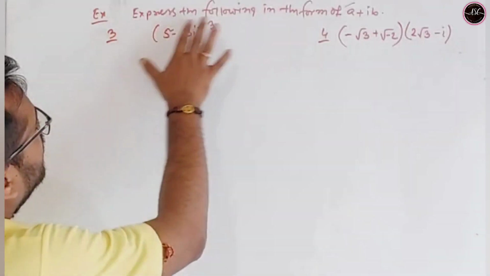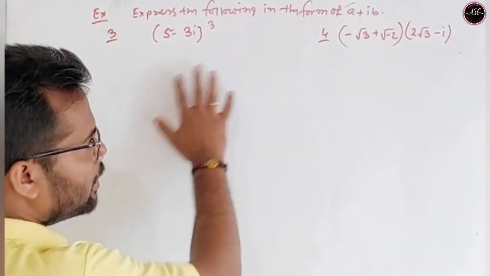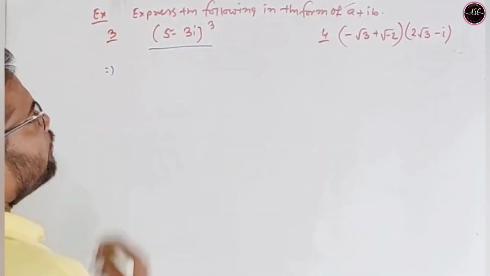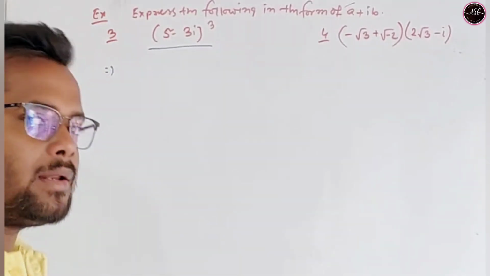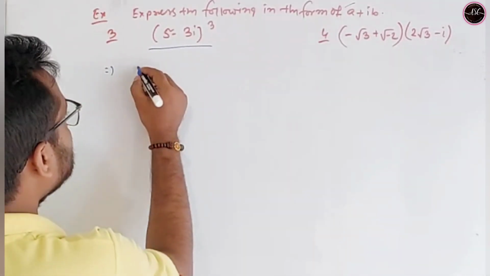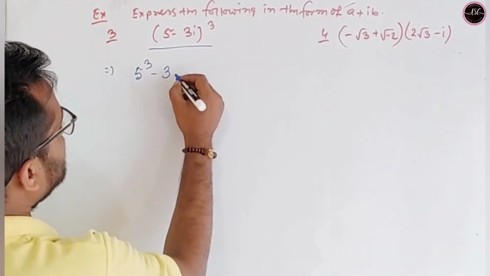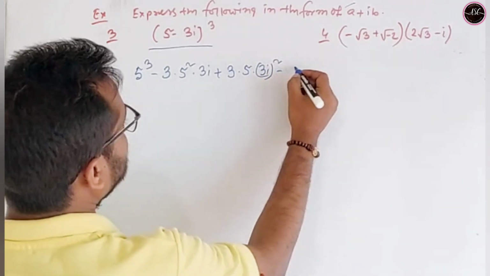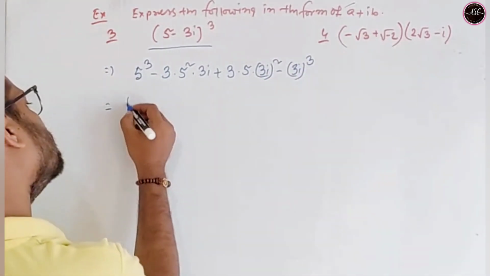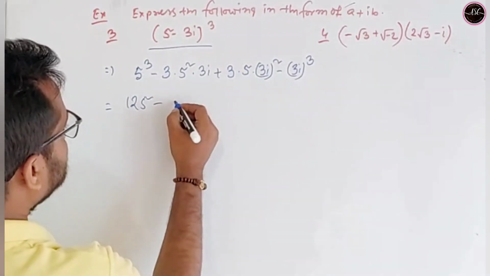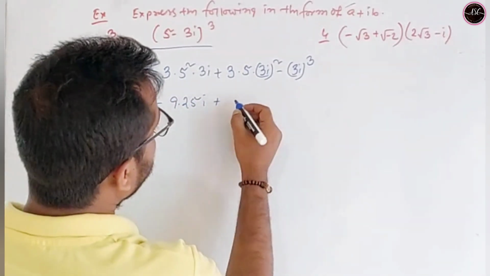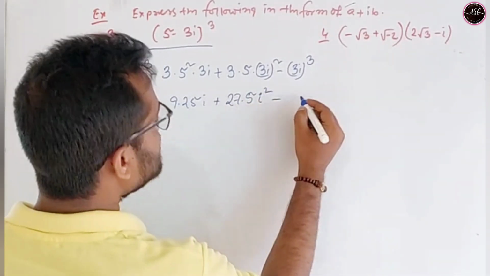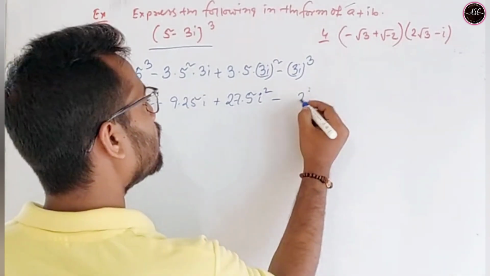Okay. Express the following in the form of a plus ib. So similarly, like previous, we have to do this. Here 5 minus 3i whole cube. So we should apply here the formula of a minus b whole cube. So just look, 5 cube minus 3 dot 5 square dot 3i plus 3 dot 5 dot 3i whole square minus 3i whole cube. Okay. So equal to 125 minus 9.25i plus 27.5 i square minus 27i.